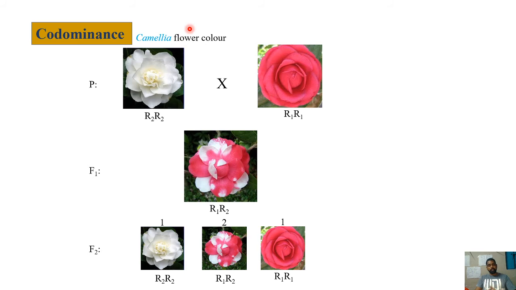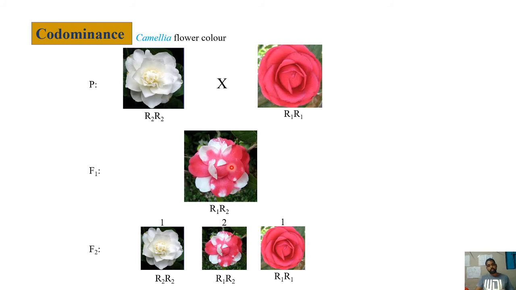In the plant Camellia, we can observe this codominance. Here, when a red flowered plant is crossed with a white flowered plant, in the F1 generation you can see the difference. No red flowers, no white flowers, not pink flowers. Instead, you can see patches of red and white in the flower, which means both these alleles are expressed, that is, they are codominant.